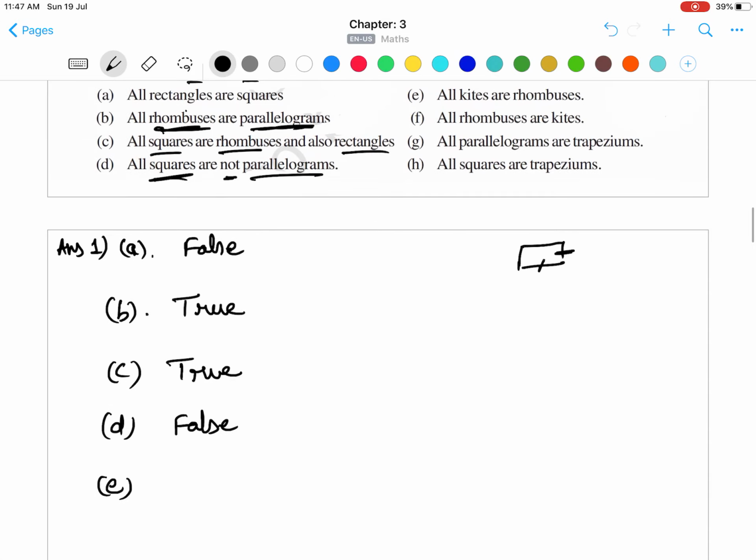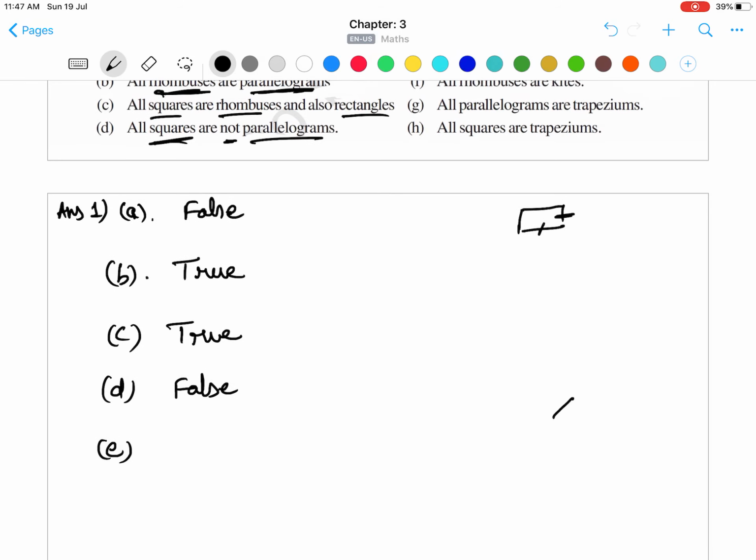Then we have part E. It says all kites are rhombuses. This is also not true, because a general kite shape is like this, in which adjacent sides are equal, but in a rhombus all four sides have to be equal. So this one is false.